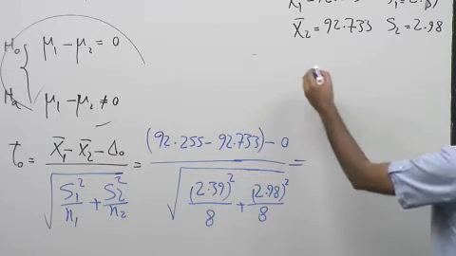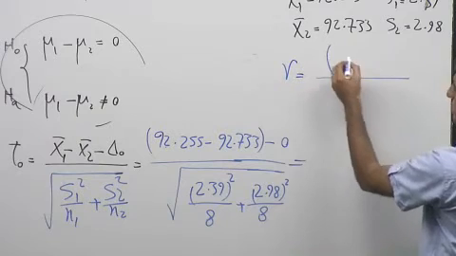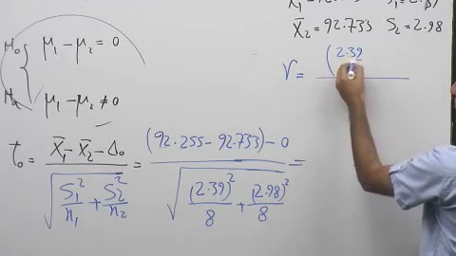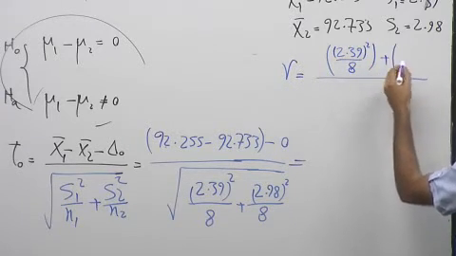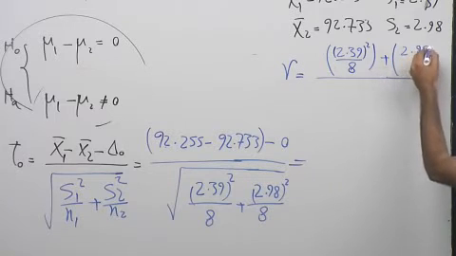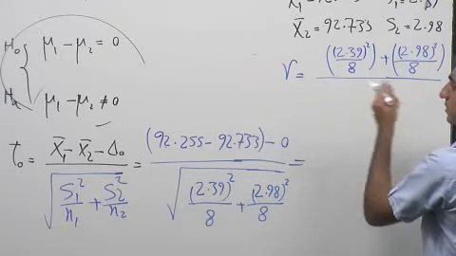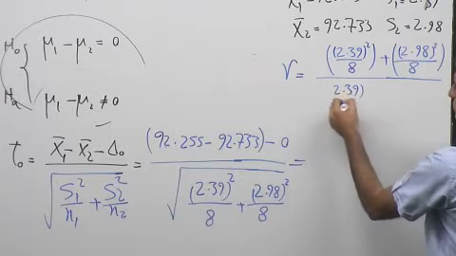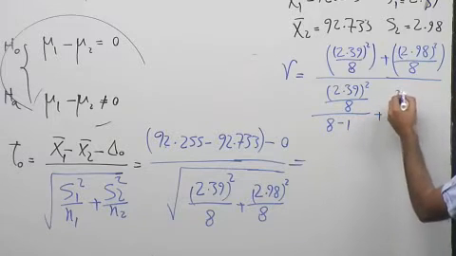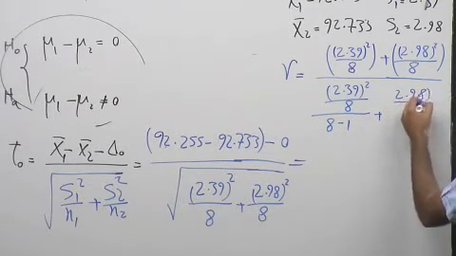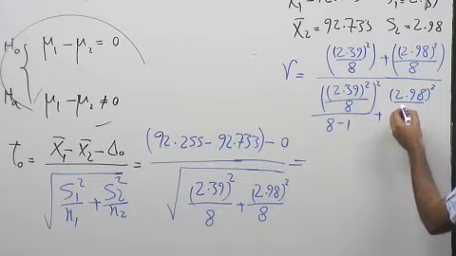So you also need to calculate degrees of freedom. Degrees of freedom is 2.39 squared divided by 8 plus 2.98 squared divided by 8, and the same thing, the whole thing squared, divided by 8 minus 1.